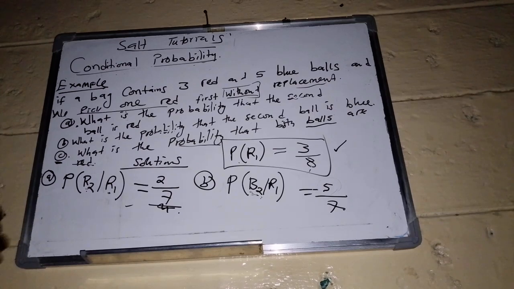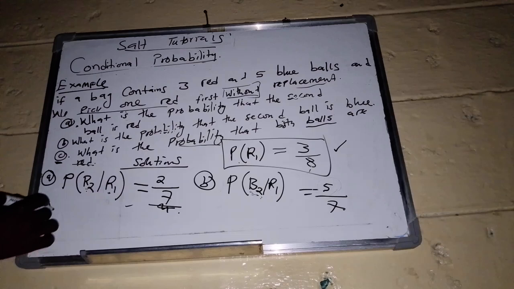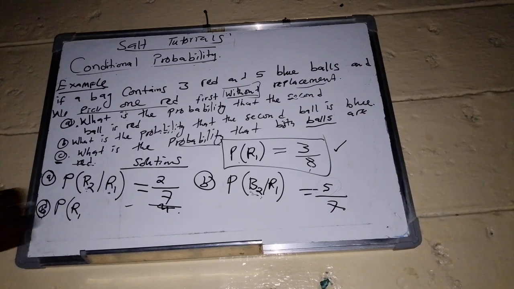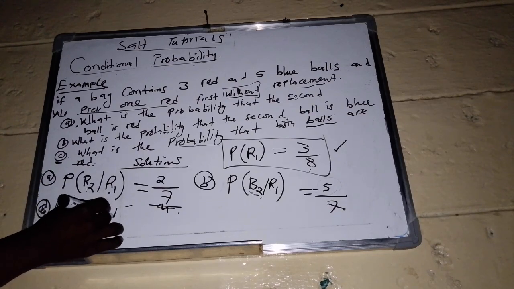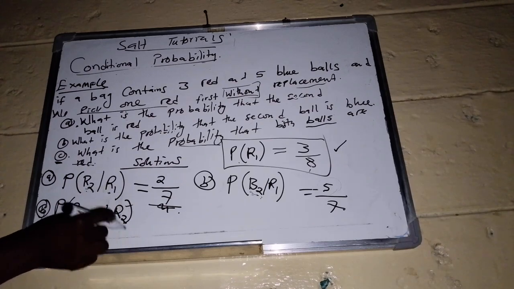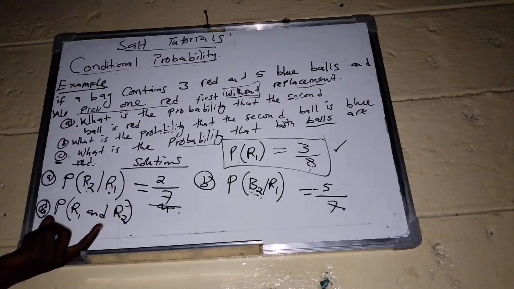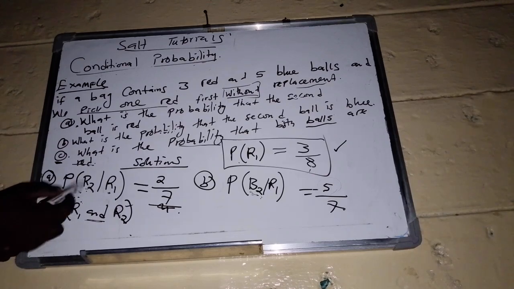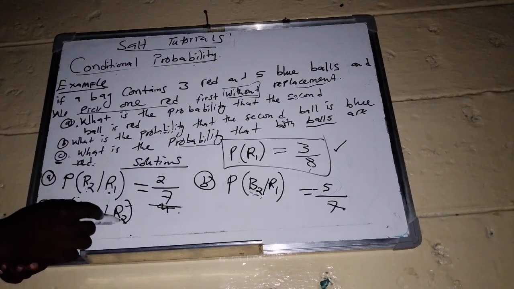So in this case, looking at C, we're being told to look for the probability that the first ball is red, and the second ball again should be red. What kind of rule are we using here? This is an AND. We're talking about picking one red in the first picking and picking another red in the second picking.